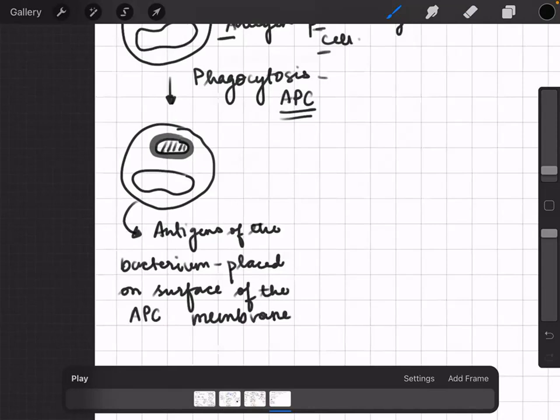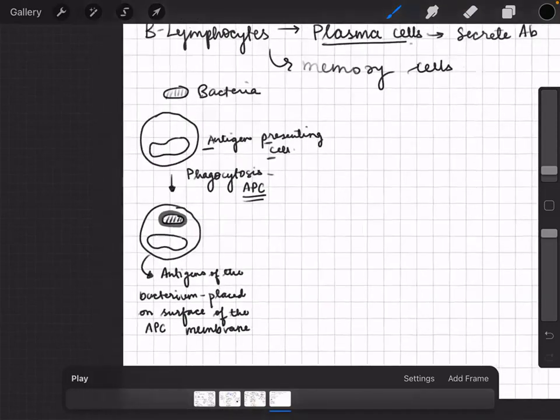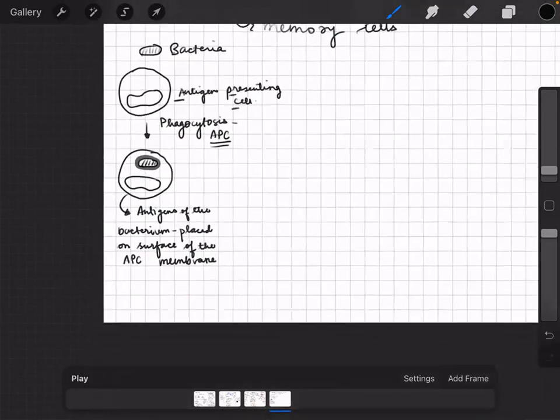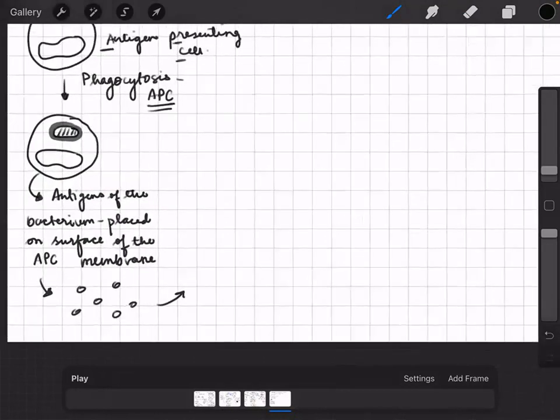So you engulf this bacterium, you study this bacterium, and you find out what kind of antigen is present on its surface. So let's say you figured out that this is the type of antigen that is present on this bacterium. Okay, so you identify that this is something you need to see. These antigens get placed on the surface of your antigen presenting cell.